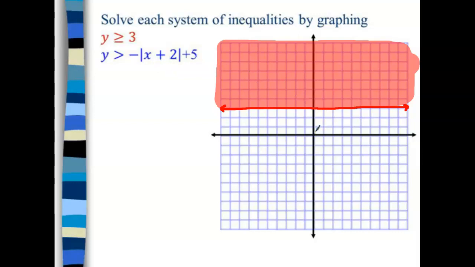So the plus 5 tells me up 5 units. The plus 2 inside tells me it moves left 2 units. And the negative tells me it is reflected or opened down. The inequality is greater than, but not equal to, so my absolute value is dashed.